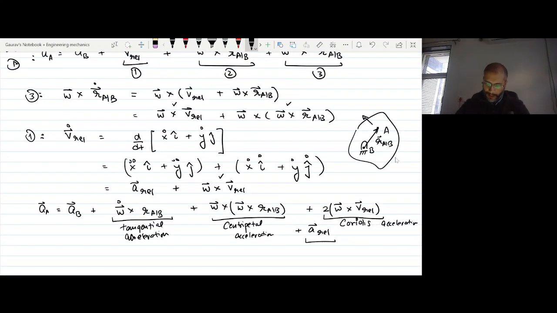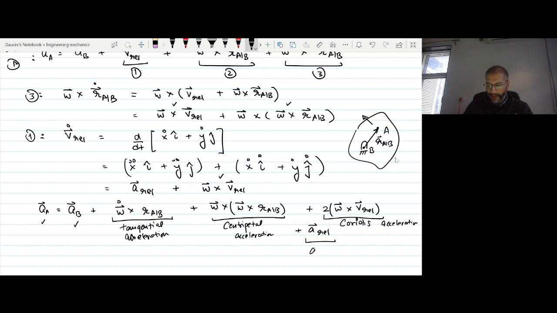This is a pretty intense expression, because it allows us to calculate the acceleration of a point A with respect to a point B if you are sitting in a rotating frame. Till now we always had an inertial frame, but if you have a rotating frame, which is a non-inertial frame, you can calculate the acceleration, because A rel is basically measured.